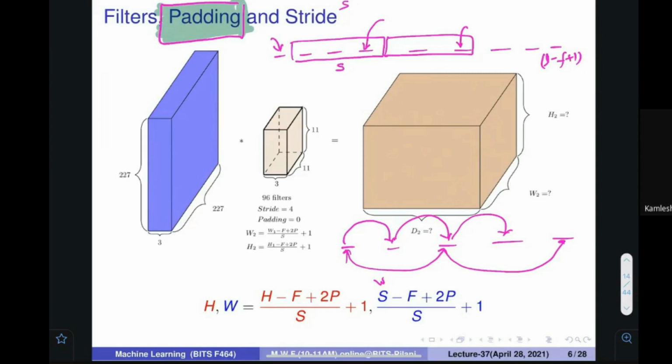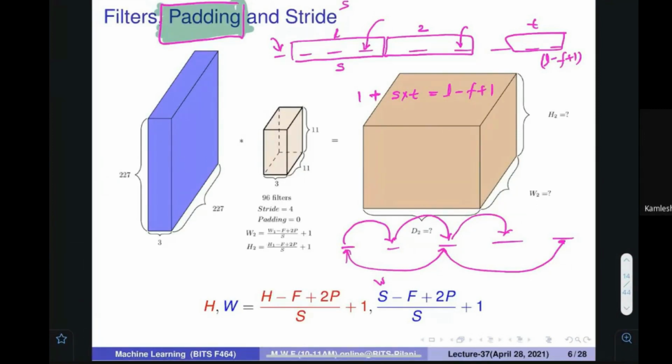I'm not sure about this. Let's assume that there are t strides: this is the first stride, this is the second stride, dot dot. Let's assume that the last item has been produced by the tth stride. So how many items are there? It is s multiplied by t plus 1. These many items are there, and this value is going to be L minus f plus 1.